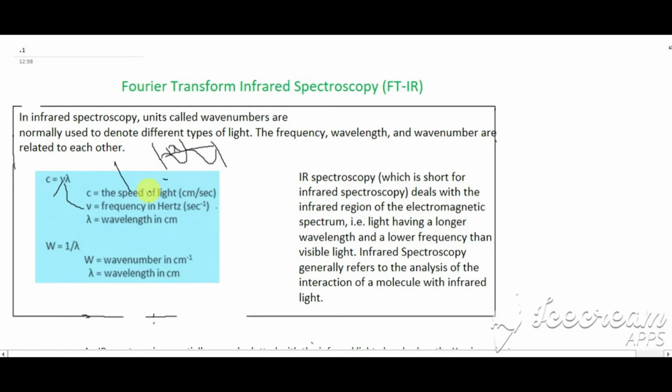From this light we have this wave and we can get the wavelength, and once we have the wavelength we convert it into wave number. Normally it can be expressed as 1 by lambda, where we get the unit per centimeter.